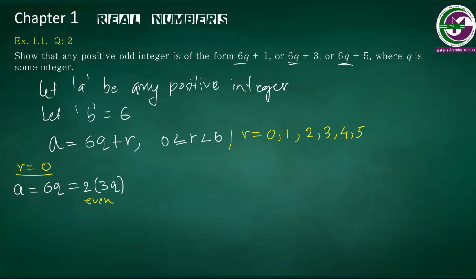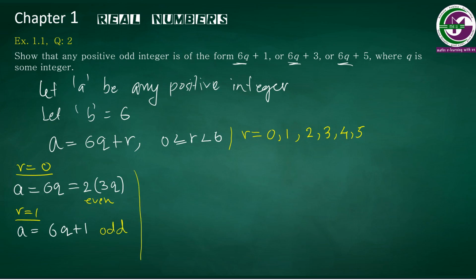Next, when r is 1, a is equal to 6q plus 1. We already got that 6q is an even number, and an even number plus 1 is always an odd number. So when r is equal to 1, this is an odd number.